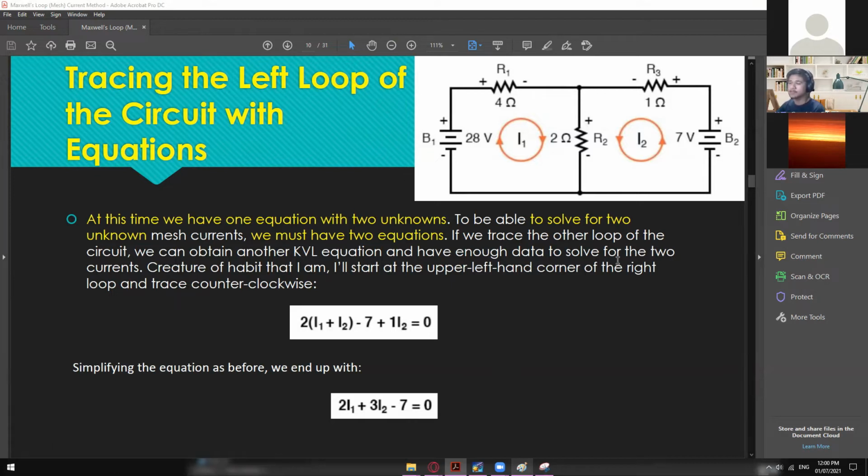Again, I'll give you maybe 20 seconds to analyze the second equation. Just give me a thumbs up once you were able to get this one already.